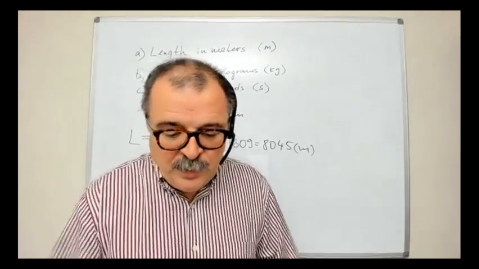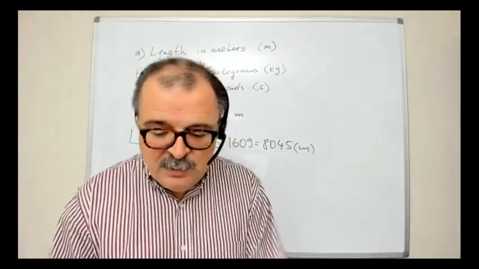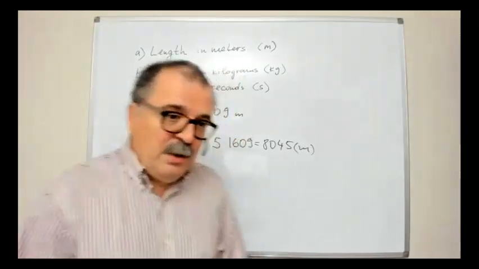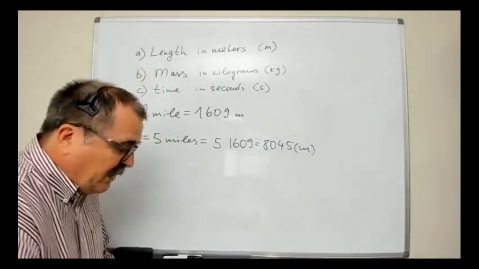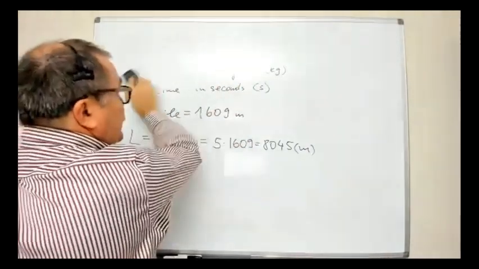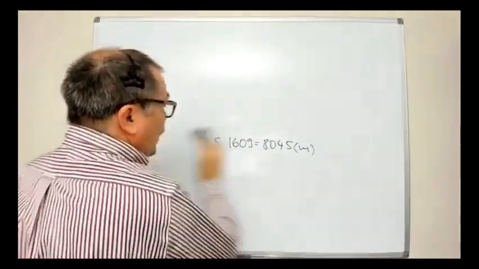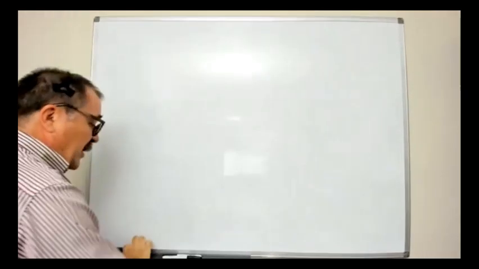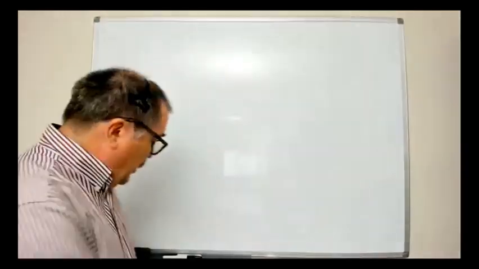Okay, so now let me start with so-called classical mechanics. Classical mechanics is the part of physics which describes the mechanical motion of macroscopic objects, like, for example, this eraser.